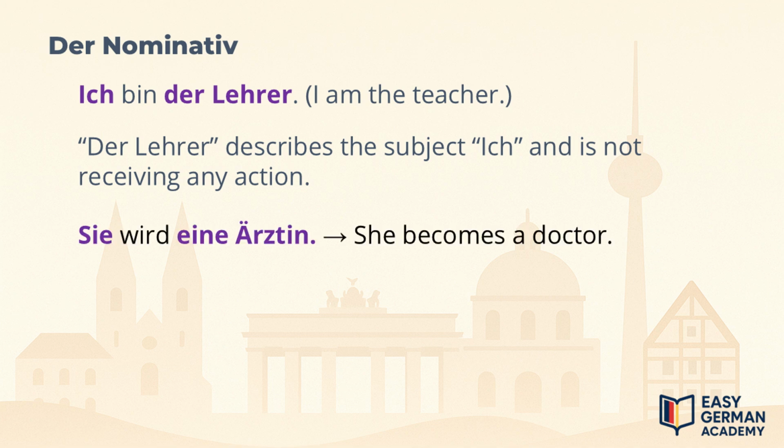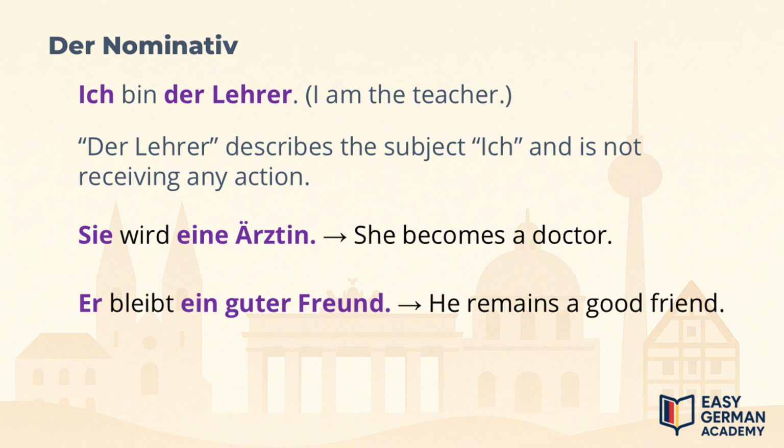Sie wird eine Ärztin. She becomes a doctor. Sie is the subject, and eine Ärztin also stays nominative. Again, the same logic. After the word wird, which again is a conjugated form of the verb werden, we are still talking about the subject who becomes a doctor. No action is being performed by the subject here. Er bleibt ein guter Freund. He remains a good friend.